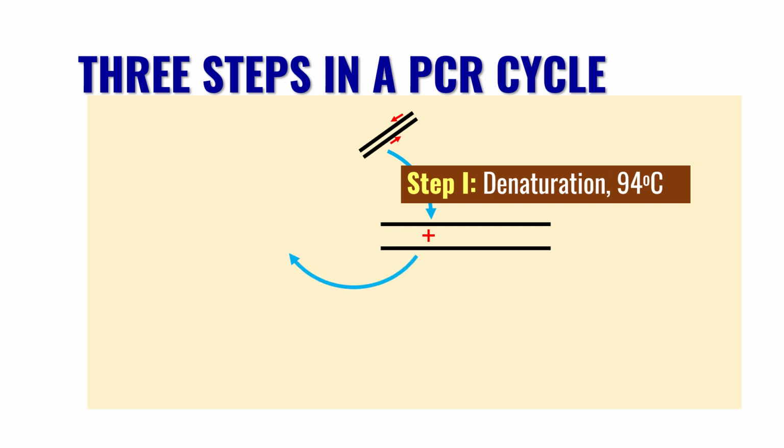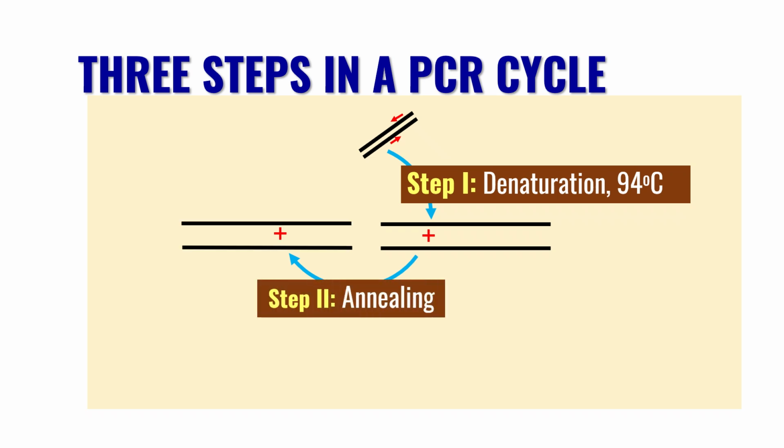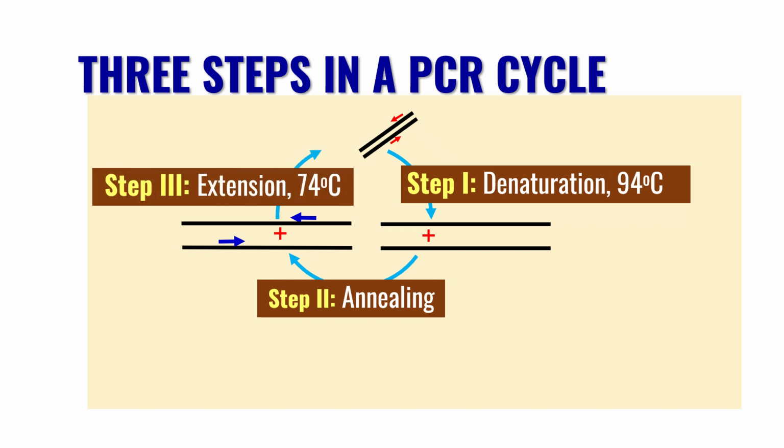This step is called annealing. Annealing is cooling down slowly to allow binding of the primer. And annealing temperature I have not shown here because this will depend on the type of primers, base composition, and the number of bases in the primer. So primer will bind during the annealing step, and the third step is extension, the enzymatic reaction, which is normally conducted at 74 degrees centigrade.